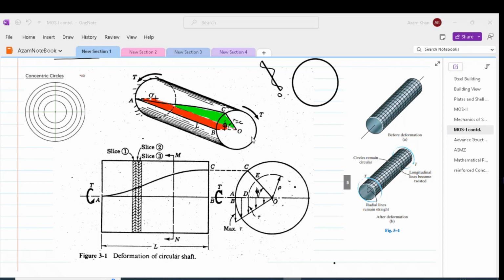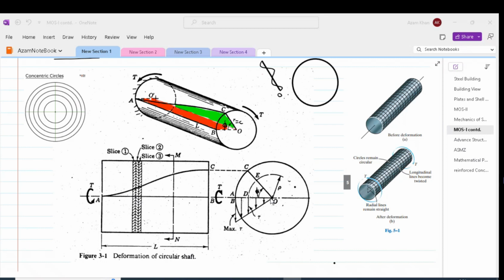So we can imagine that a radial line at point O of the cross section has moved by an angle phi in such a way that point B has moved to point C. We can assume that the cross-section is made up of infinite fibers, which are in the form of concentric circles. Every concentric circle is at a distance rho from the point O.